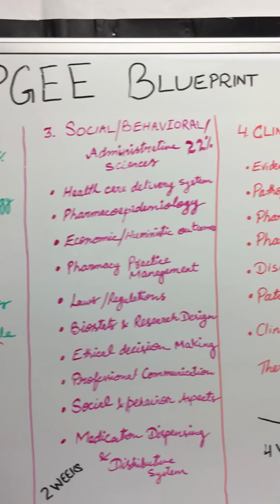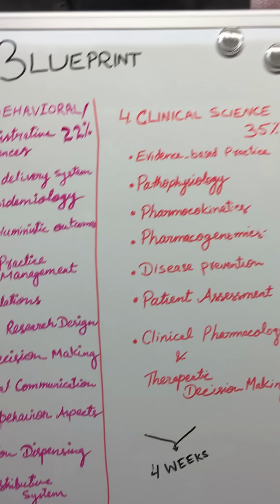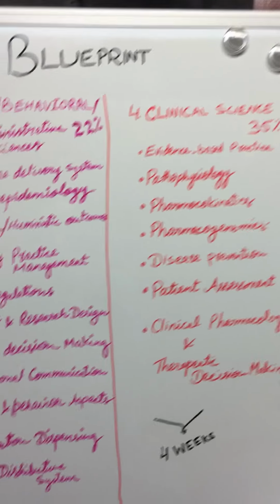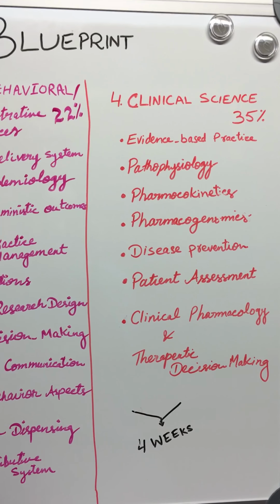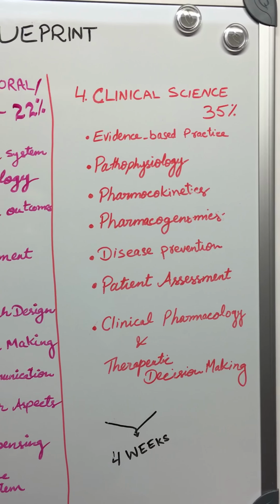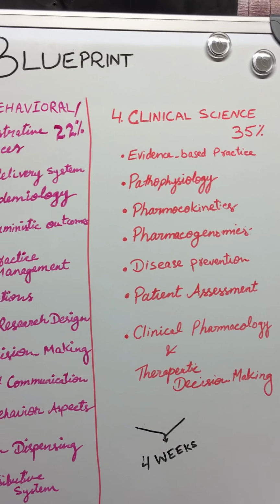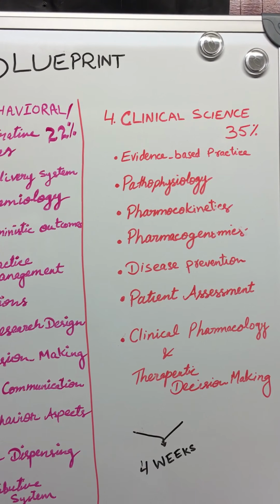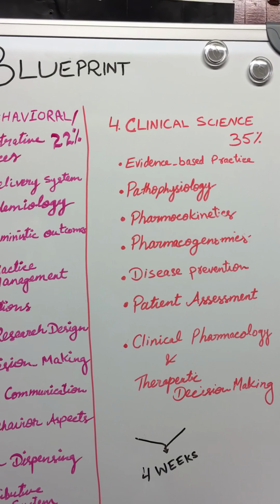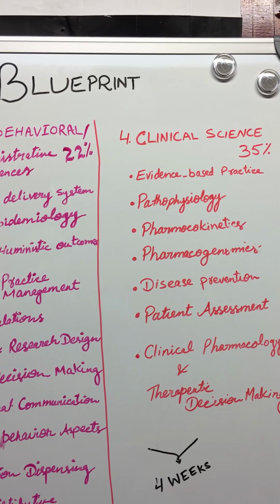Now, the next area is clinical sciences. Again, 35% of the exam, a heavy area in this blueprint, and you need to know everything. I am not trying to scare you off, but this area needs a lot of time, a lot of attention, and again, review.